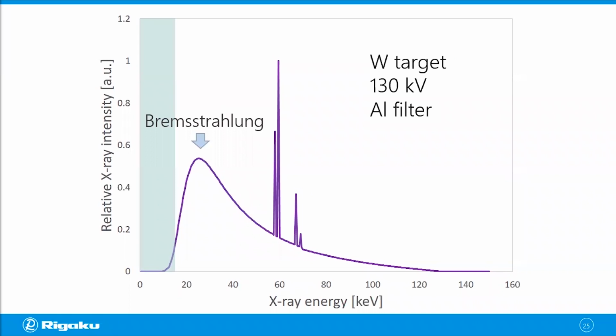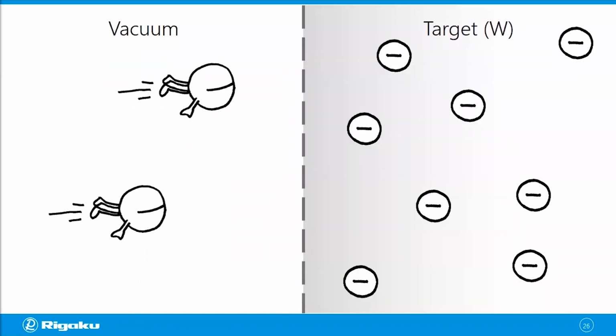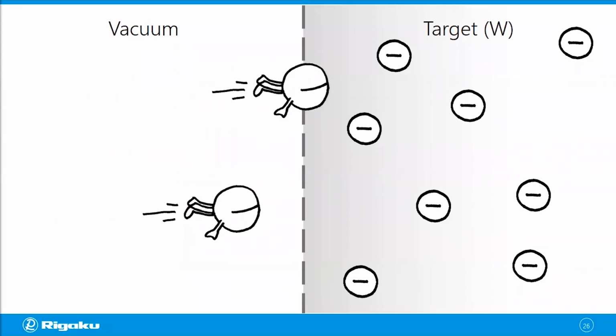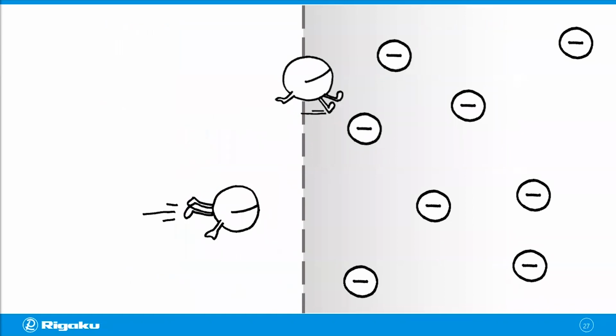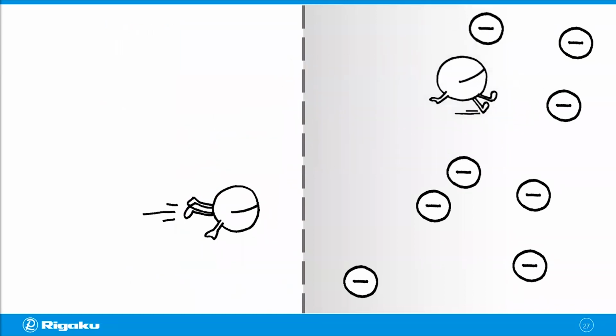So let's take a look at the Bremsstrahlung radiation first. How is this generated? Those thermal electrons travel in vacuum and eventually hit the target. Let's assume that the target is tungsten, and the tungsten target has a lot of free electrons in it. As soon as the thermal electrons hit the target, they have to slow down, and when they slow down, they convert their kinetic energy into mostly heat, but partially X-rays.